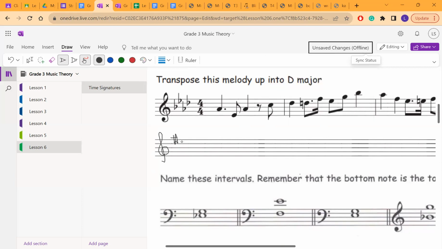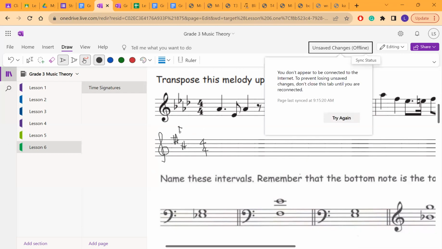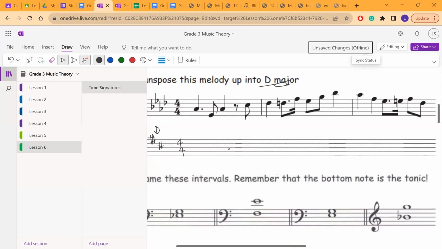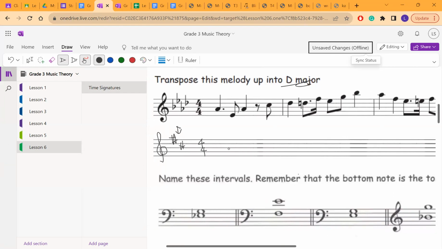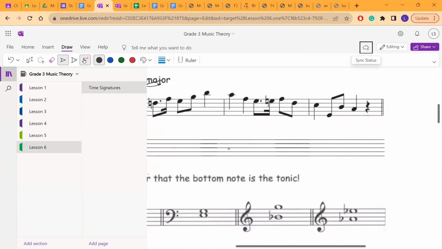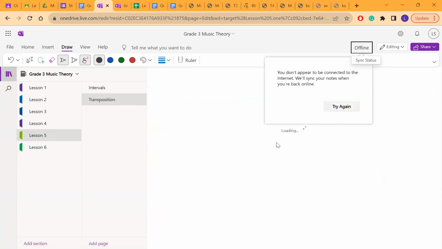So, we are going to keep the time signature. The key signature of D major is 2 sharps. So we've changed the key signature. Now this melody is in, oops, this is in this.